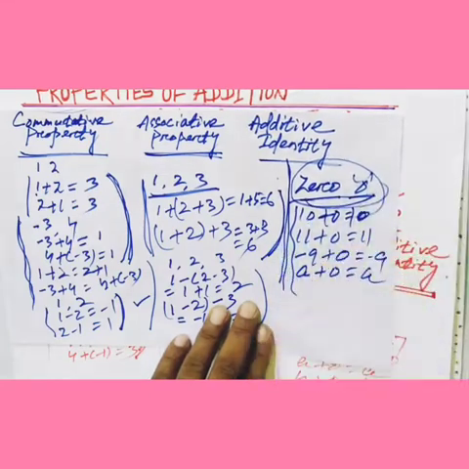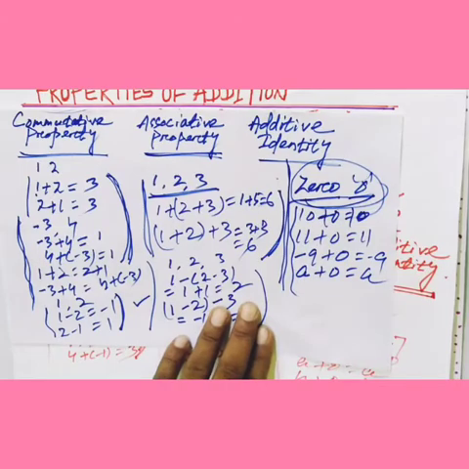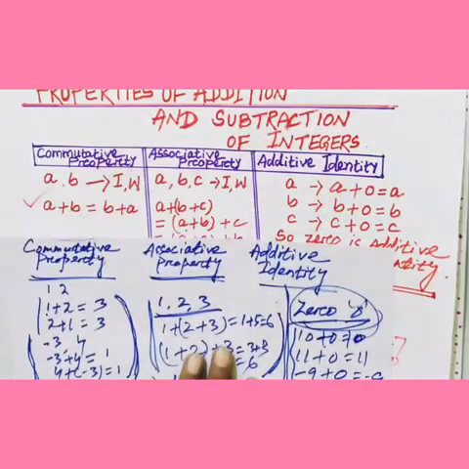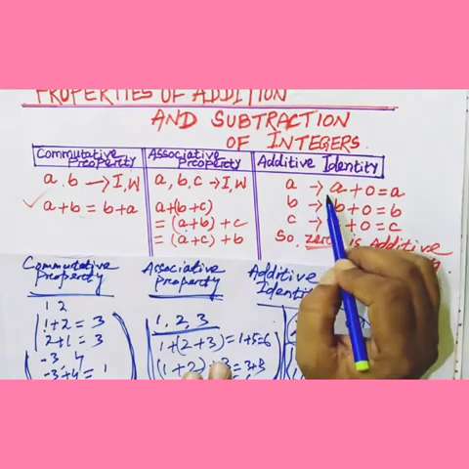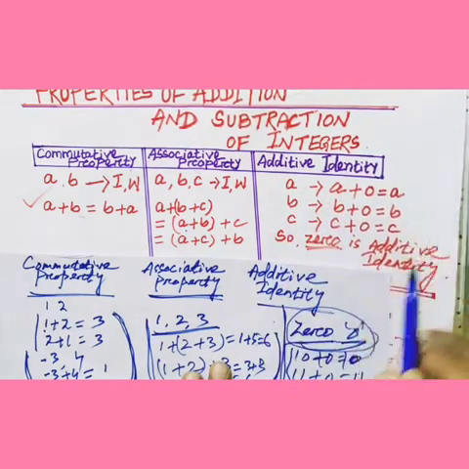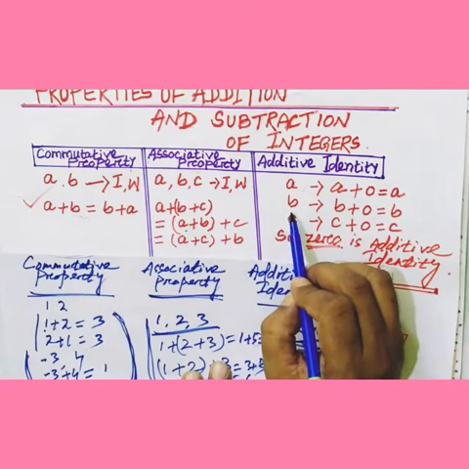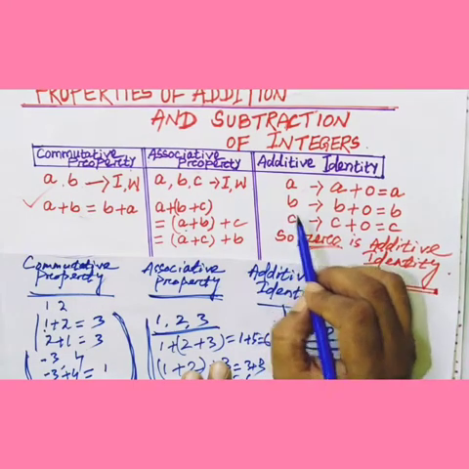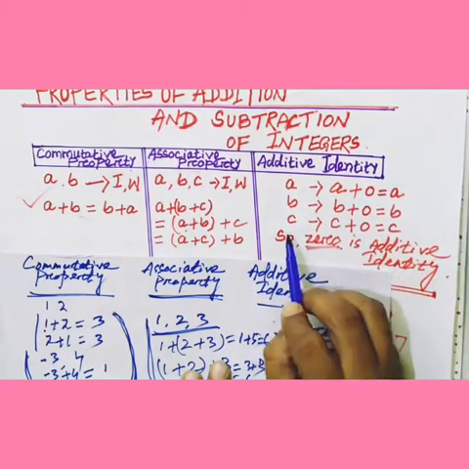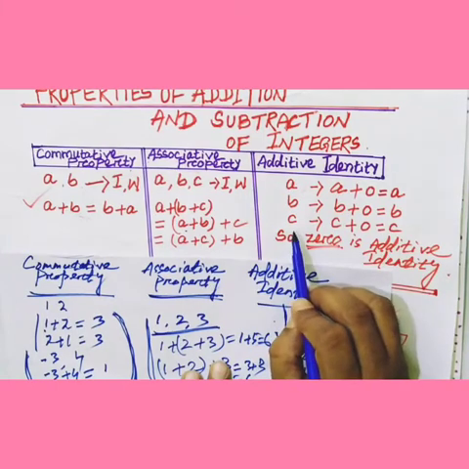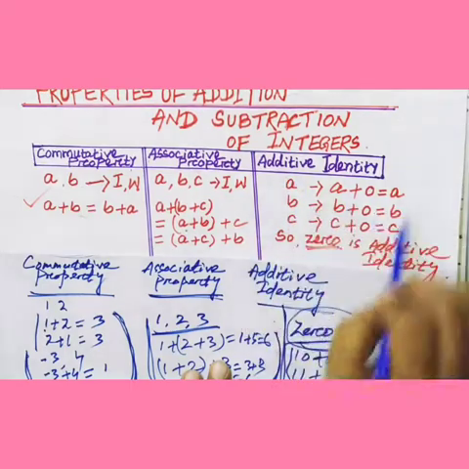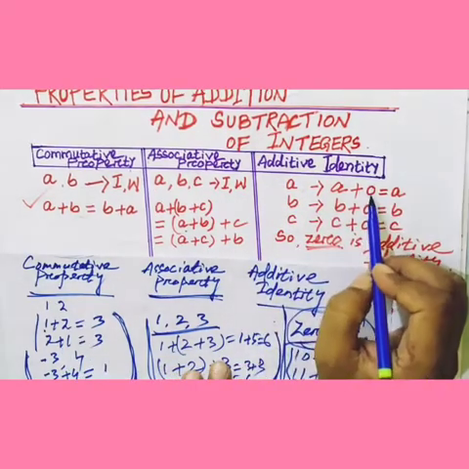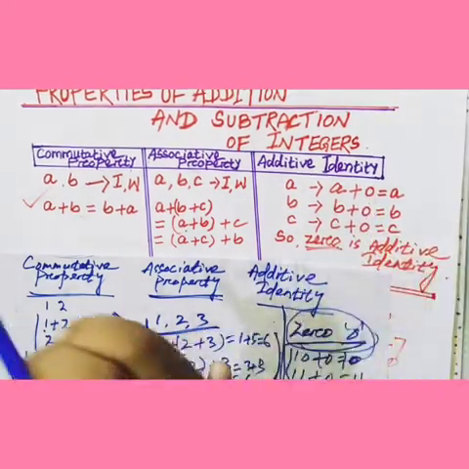Symbolically, if A belongs to integers or whole numbers, A plus 0 equals A. Similarly, B plus 0 equals B, and C plus 0 equals C. So in all cases, 0 is called the additive identity.